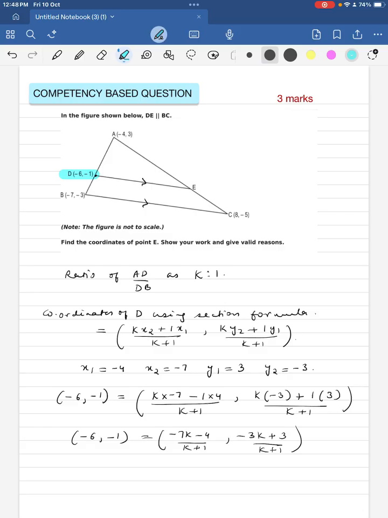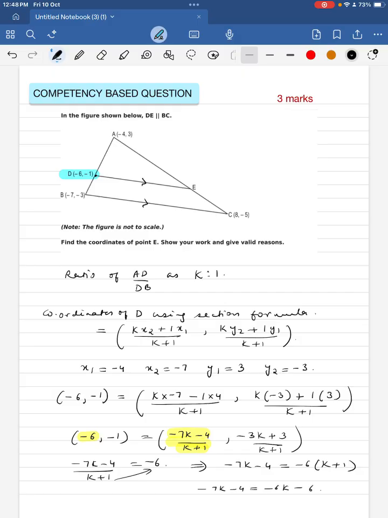Now we could equate either the x coordinates or the y coordinates together and you can find the value of k from it. Okay, so right now I'm using the x coordinates of both sides. So -7k minus 4 divided by k plus 1 I know is equal to -6. Let me cross multiply. So I'll get -7k minus 4 is equal to -6 times k plus 1, or -7k minus 4 is equal to -6k minus 6.